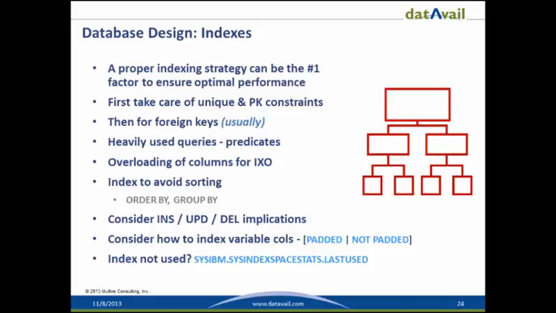Not always, remembering that when you impact one index for one query, it could be used by other queries and cause problems there. Index to avoid sorting, we touched on that earlier. And generally keep creating indexes until the insert, update, and delete implications begin to be felt. You just index till it hurts, in other words.